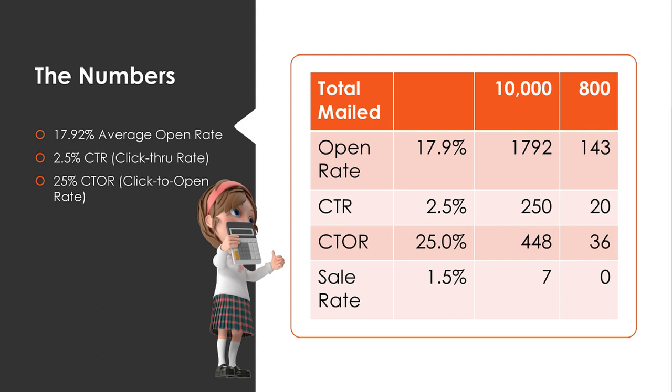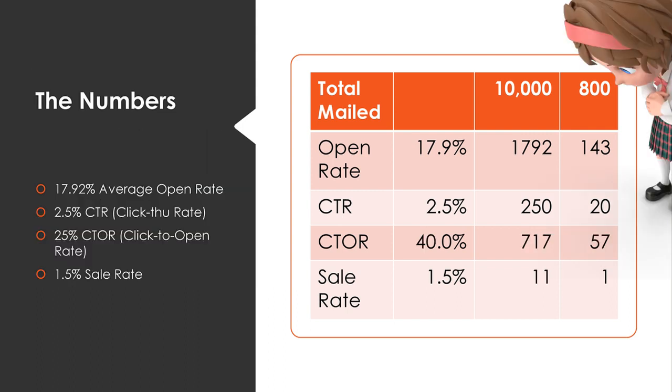And of that, you can expect to do anywhere, depending on price point, of 0.5% to 1.5% sale rate. The lower your price point, the higher the sale rate is going to be, because obviously for more expensive things, people need to spend a lot more time thinking about it. The more expensive it is, the more likely you are to end up at about 0.5% sale rate.